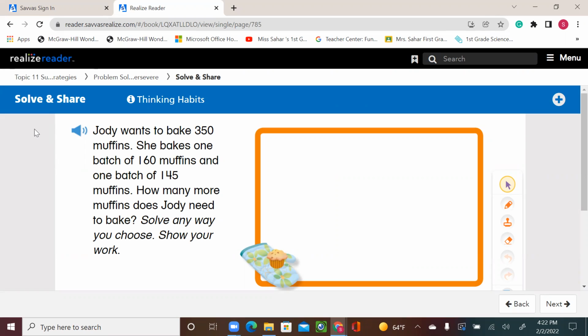So we have two parts to our question. First, she wants to bake this amount. So she bakes one batch of 160 muffins and then another batch was 145 muffins. So we need to know how many are left. First, we're gonna add the two batches of muffins that she baked and compare with what her goal was.